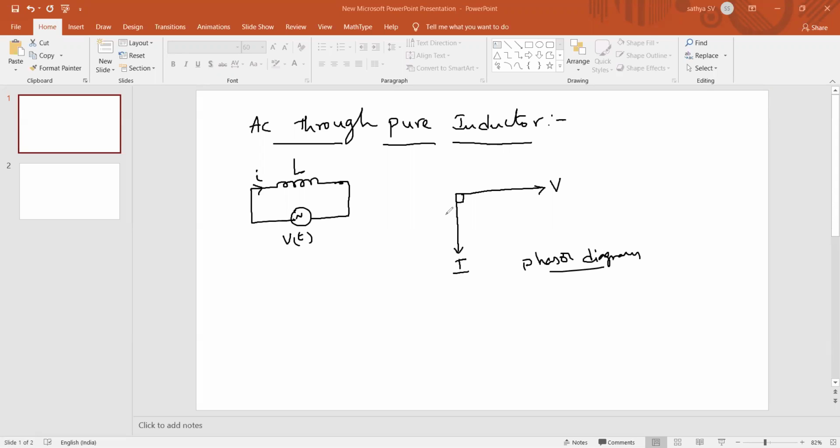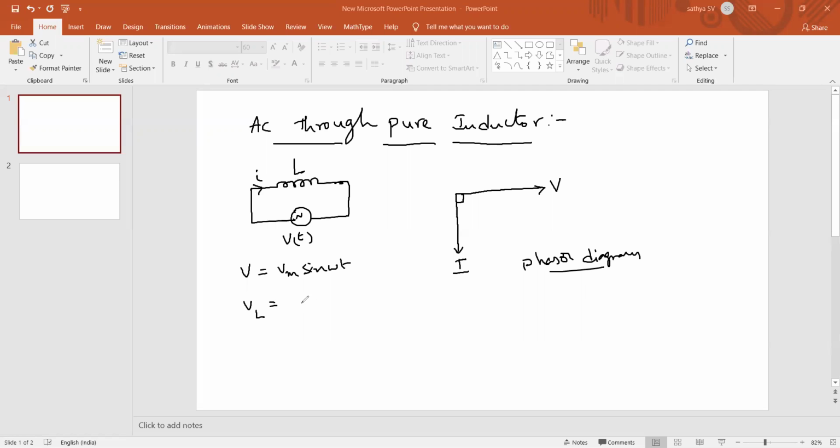Now we will check how this 90 degrees can be obtained. We can check once in our basic fundamentals. For your understanding, I am telling this. We know that V of t equals Vm sin omega t, and the voltage presented across the inductor. What is the formula of voltage across the inductor?